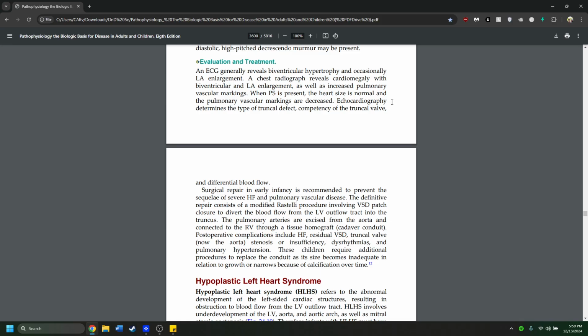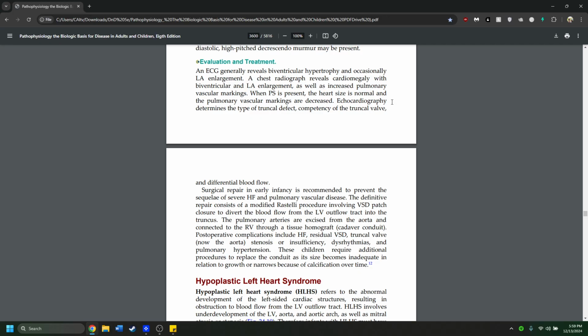Surgical repair in early infancy is recommended to prevent the sequelae of severe heart failure and pulmonary vascular disease. The definitive repair consists of a modified Rastelli procedure involving VSD patch closure to divert the blood flow from the left ventricle outflow tract into the truncus. The pulmonary arteries are excised from the aorta and connected to the right ventricle through a tissue homograft, a cadaver conduit.